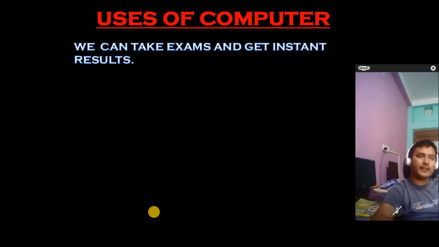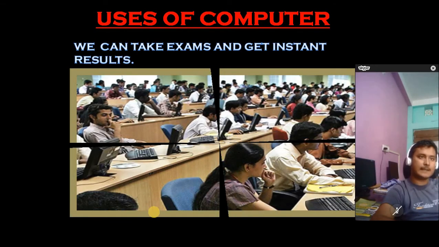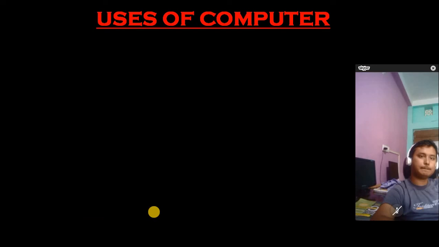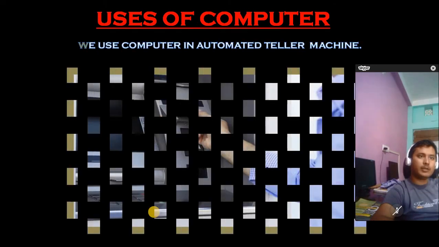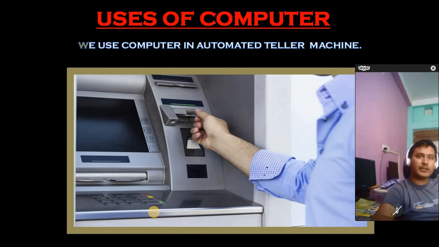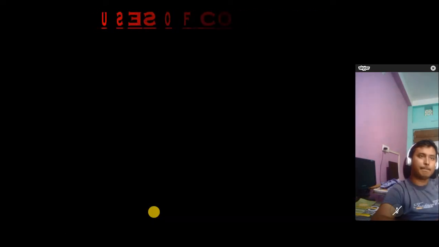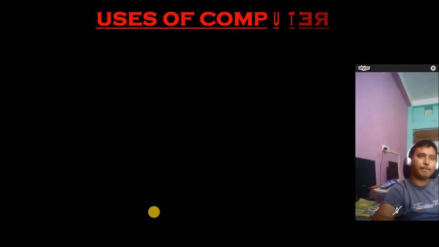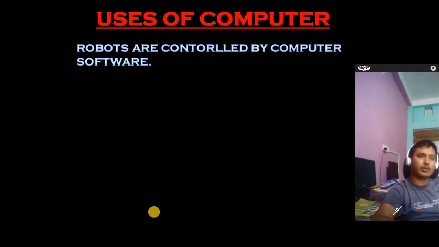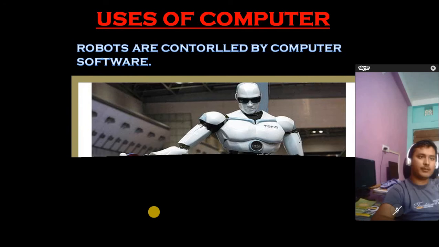We can take exams and get instant results. We use computers in automated teller machines. Robots are controlled by computer software.